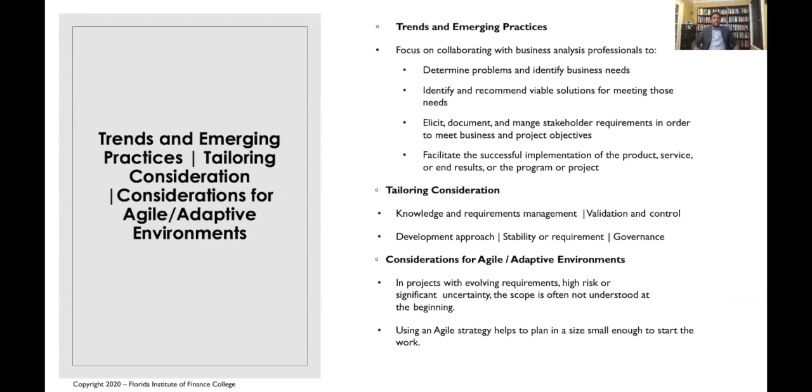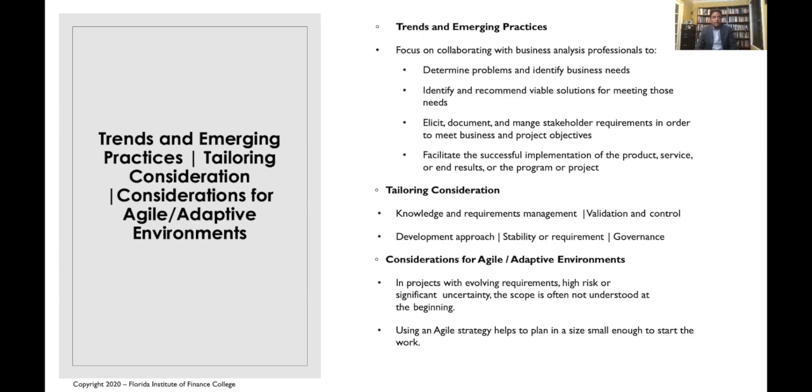So trends and emerging practice in project scope management show that some of them started focusing on collaborating with business analyst professionals, because in requirement gathering, you need to have different skill sets. You need to have the business analyst, you need to have a requirement gathering specialist, a technical writer, and a technical architect.